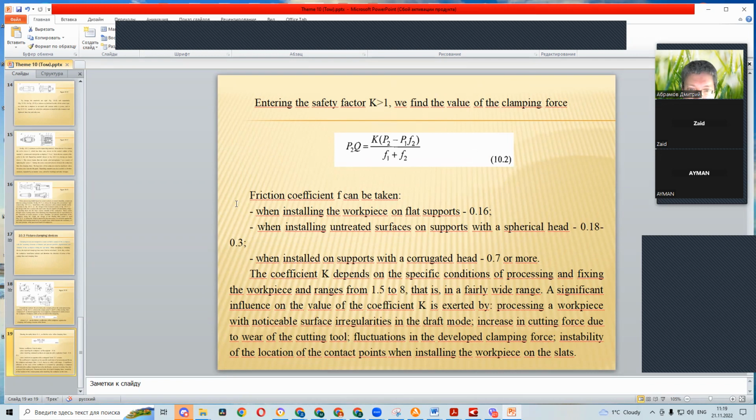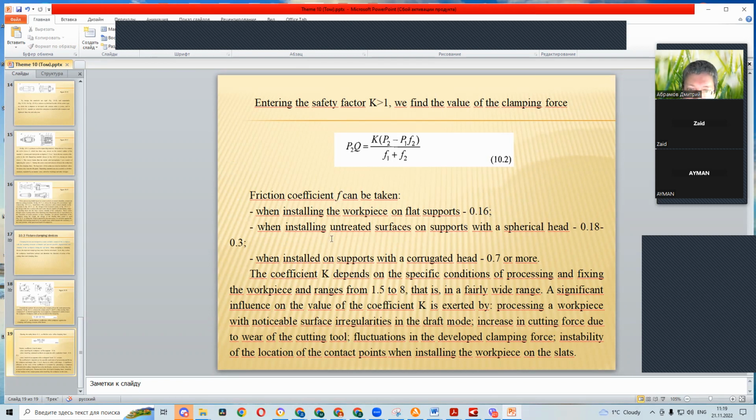Friction coefficient f can be taken when installing the workpiece on flat supports as 0.16.